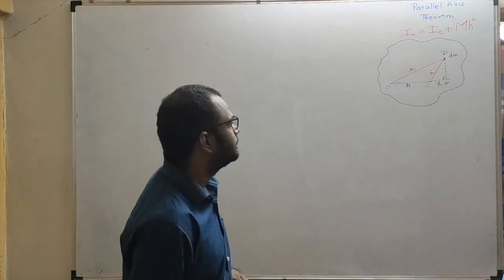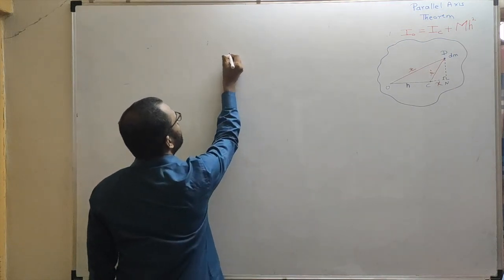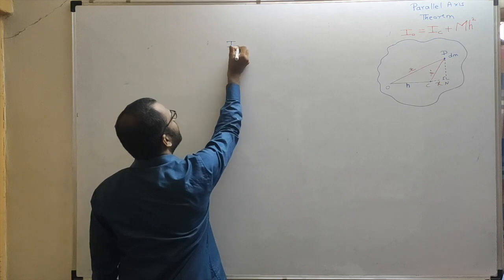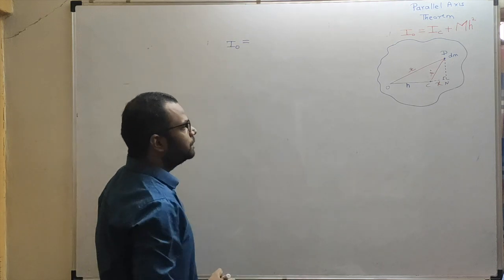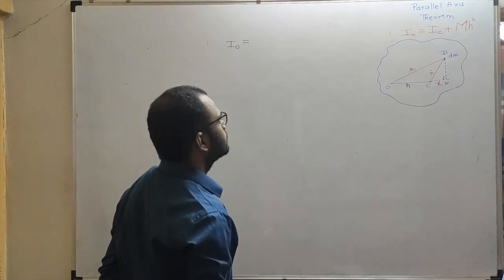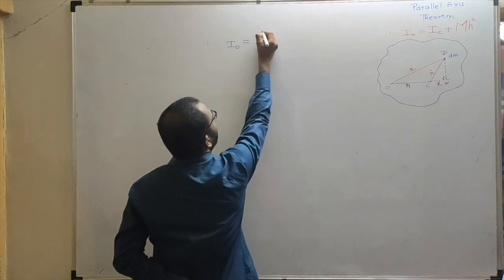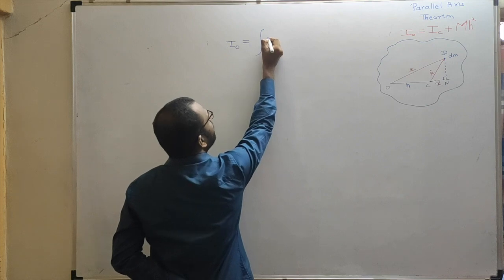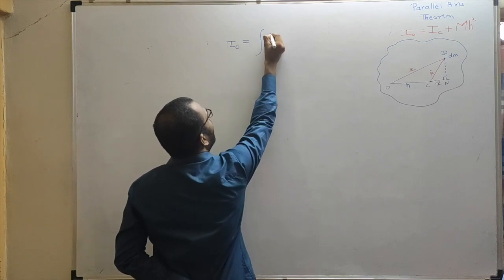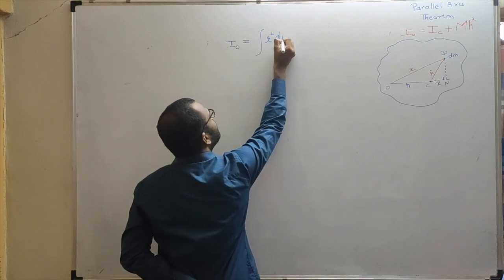Now below that write down IO is equal to, what should I write? IO is equal to what? Integration of R square dm, right?